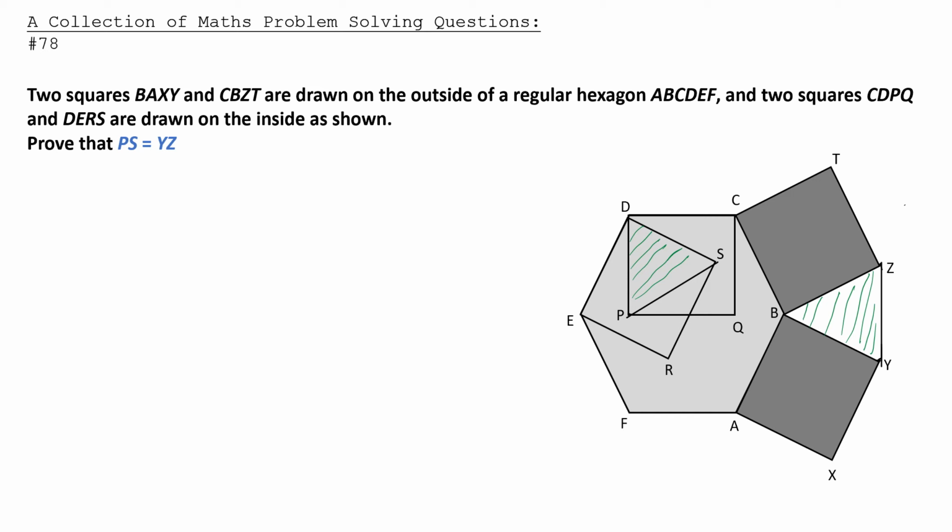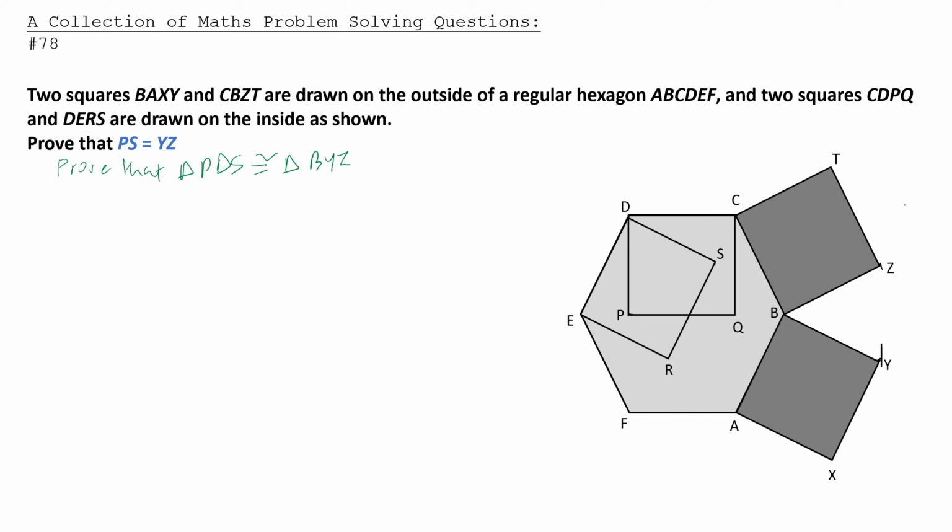So to prove that PS equals YZ, all we have to do is prove that triangle PDS is congruent to triangle BYZ. Once that's done, then PS would be equal to YZ. So how will we prove that the two triangles are congruent?